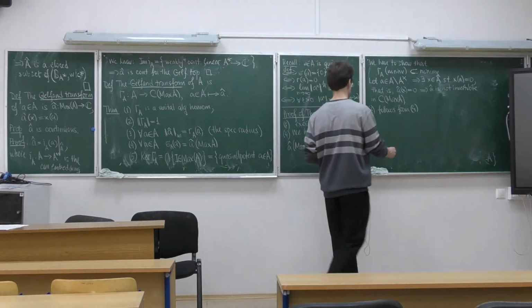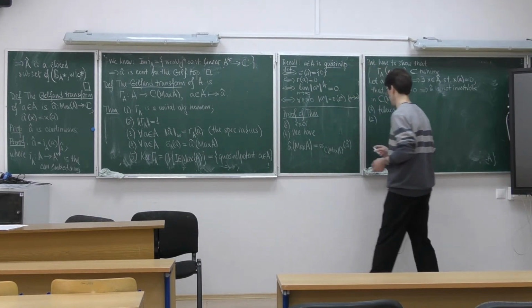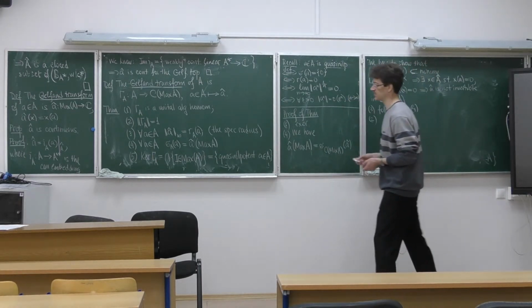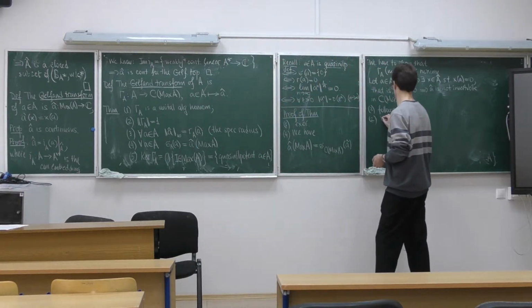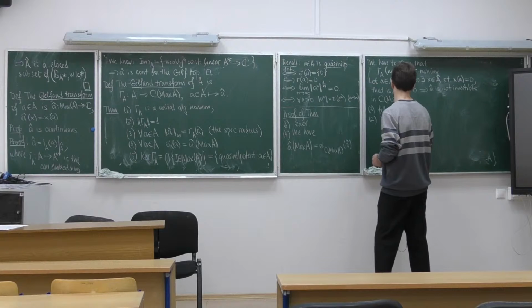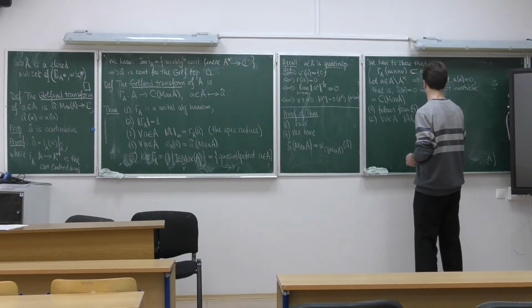Property 2 is now a special case of 3, because we know that the spectral radius of any element in any unital Banach algebra is less than or equal to the norm.